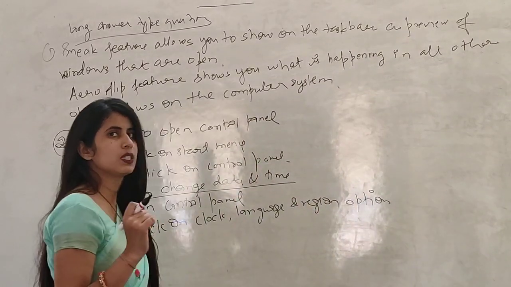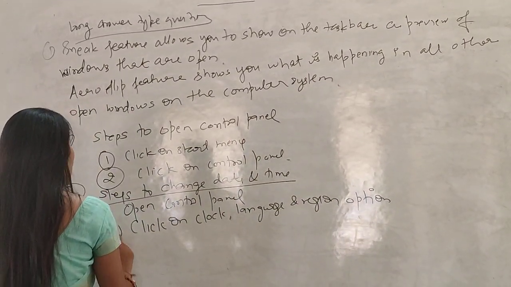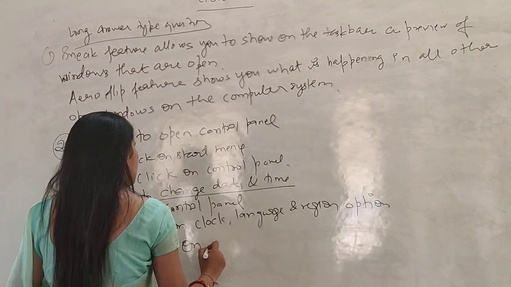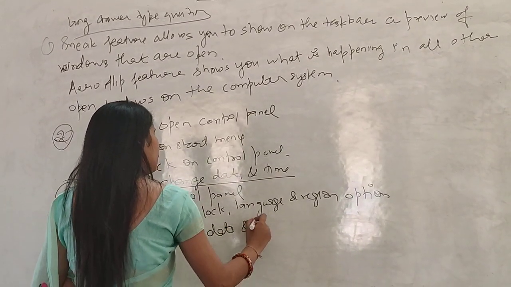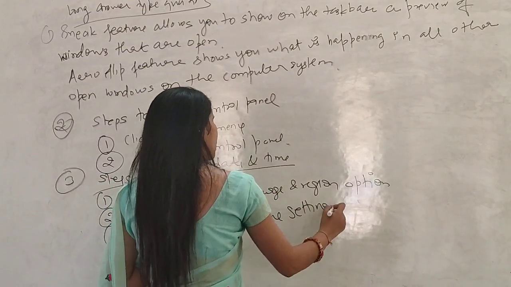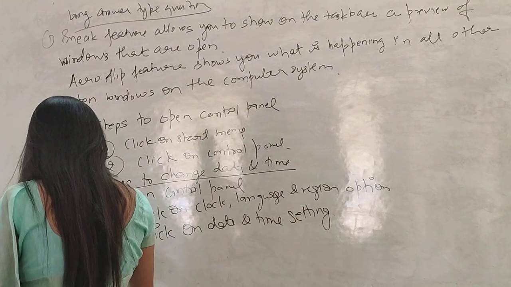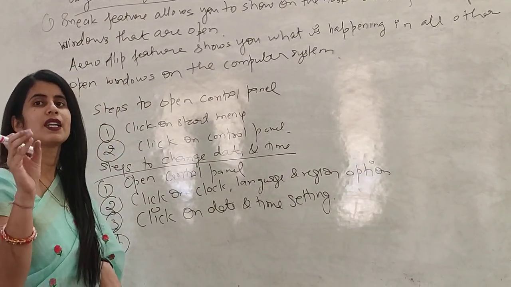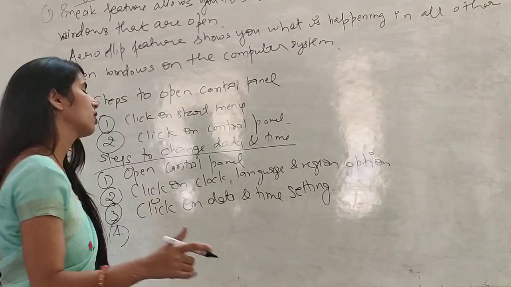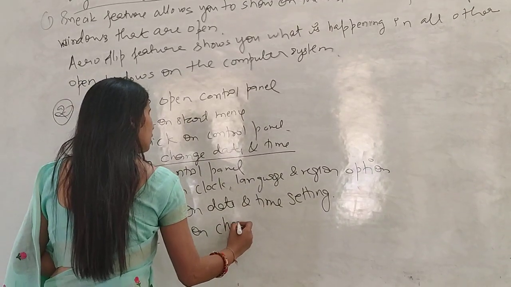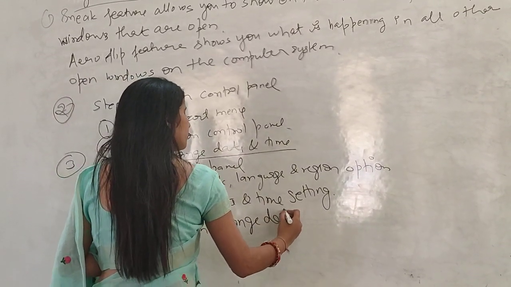When we click on this, it will show you the option date and time setting. So we will click on date and time setting. Okay. When we click on date and time setting, it will show you a dialog box. In that dialog box, you have to click on change date and time.